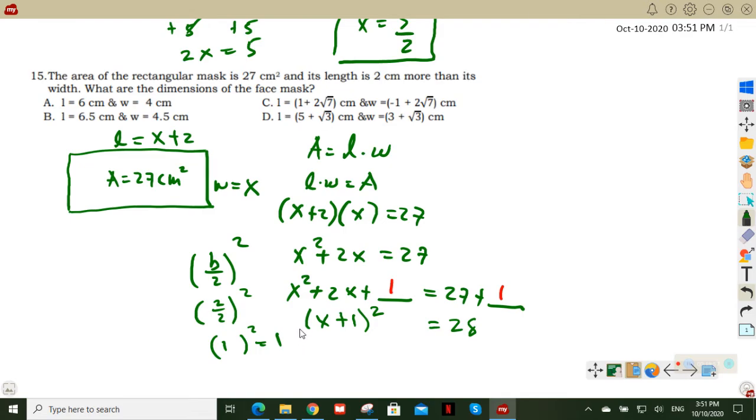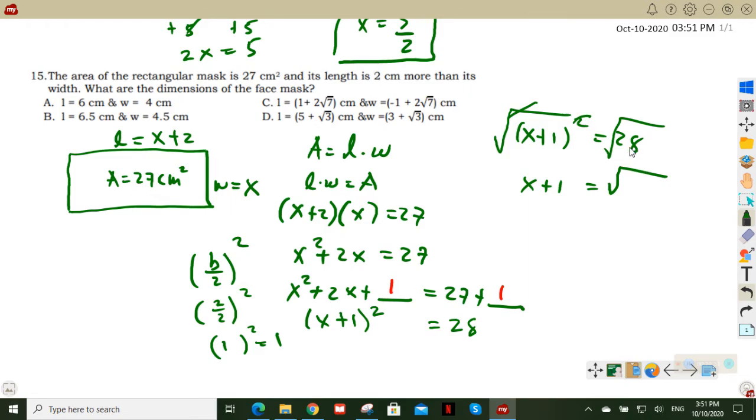Okay, I will now extract the square root of both sides. So let me write here x plus 1 squared is equal to 28. Extract the square root, so I should have x plus 1 is equal to... now look, for 28, is there a factor of 28 which is a perfect square?